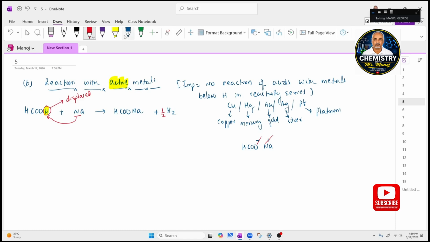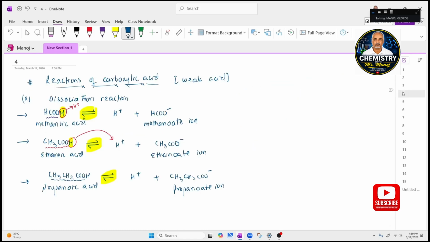So either you can put here half or you can put here 2. Your equation still is balanced. And remember, without balancing, you won't get the mark in the exam. So multiply the whole equation by 2, and now you can write here H2. Both equations are perfectly correct.